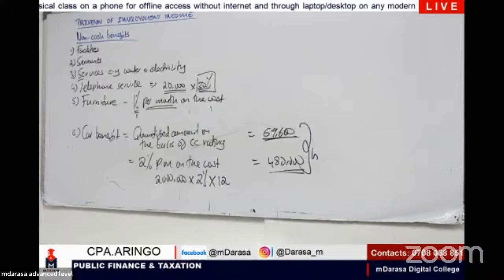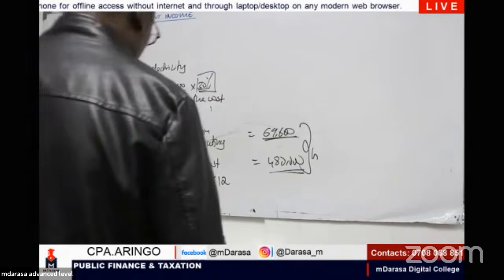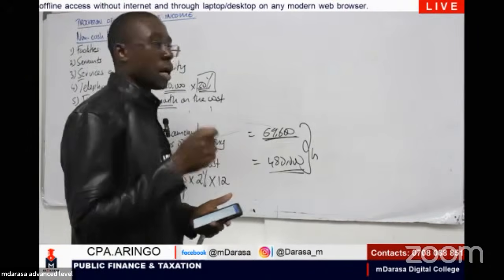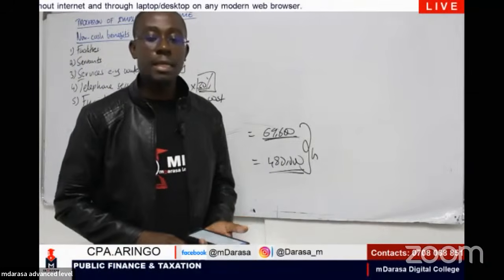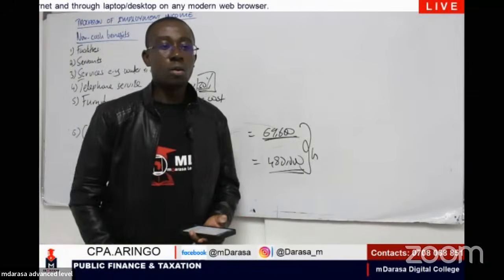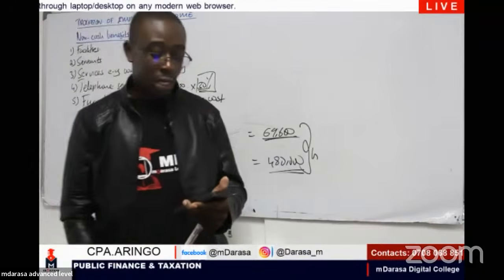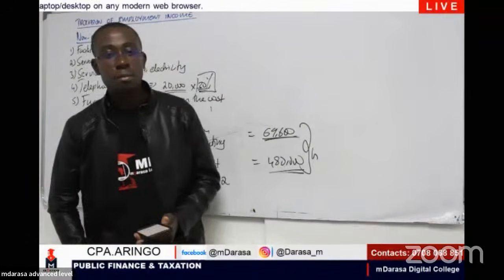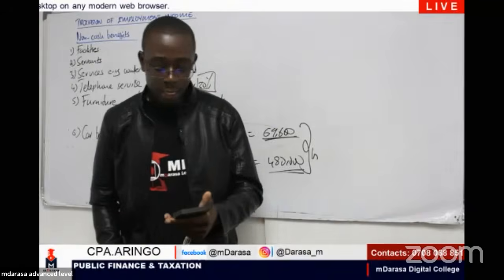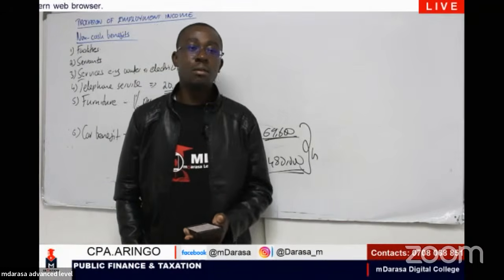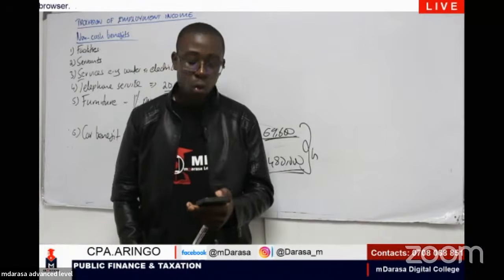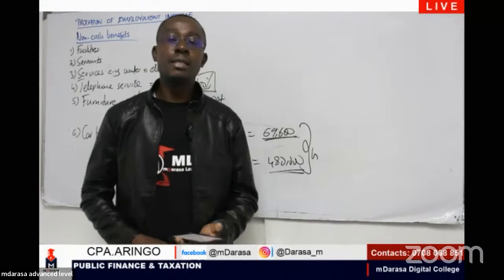I hope we are all on the same page. So, looking at that case, just below that, you can mention something and say that, however, where the car is hired or leased from a third party, the taxable value is the cost of hiring or leasing.